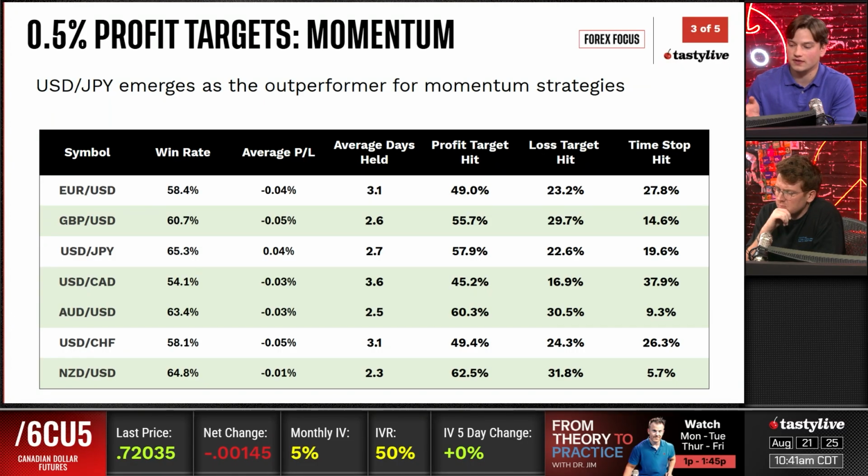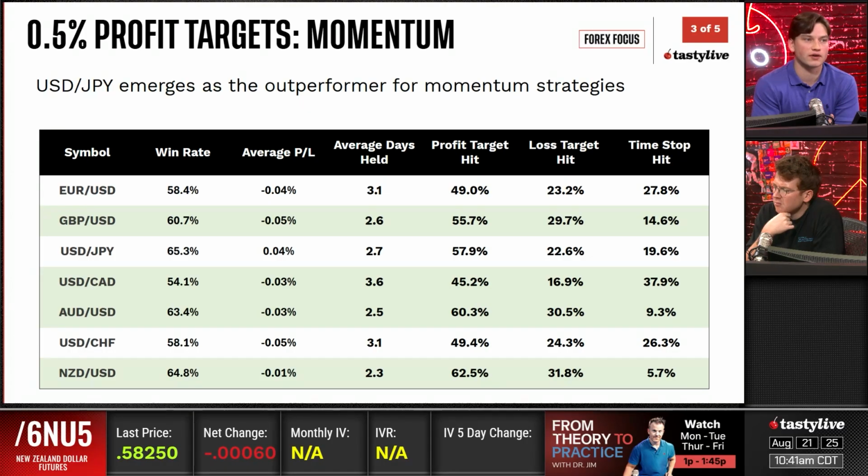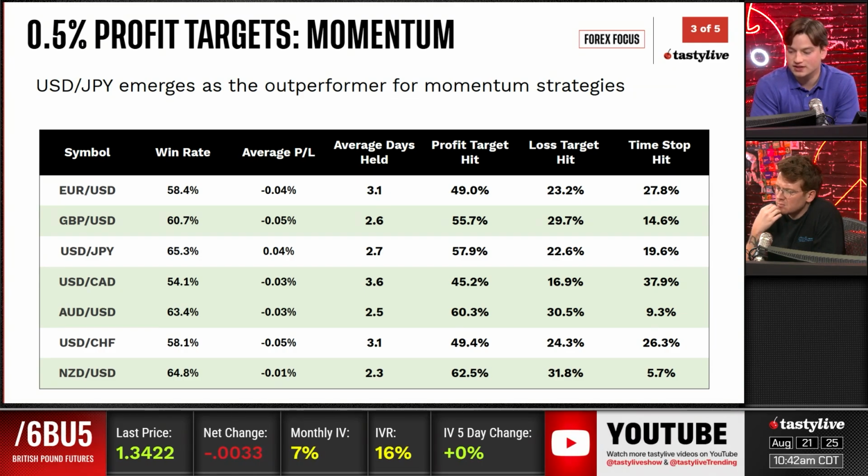Here we've got the time stop hit, which I think is interesting. That kind of validates what assumptions I ran are actually working here. And you're seeing that for something like US dollar, Canadian dollar, you're getting stopped out just by time a lot of the time. And that makes sense. So it's less of an effective measure because of all the trade criteria that we've used to simulate this.